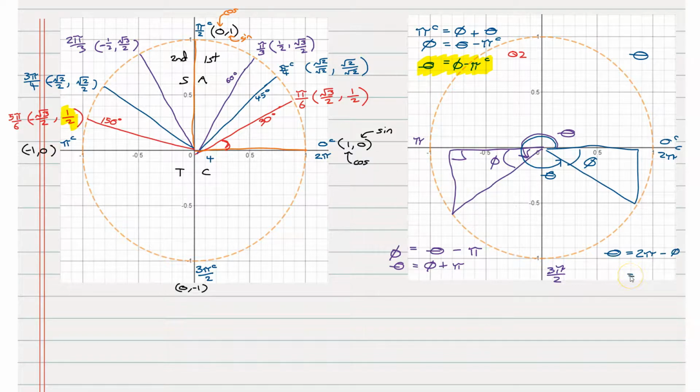And similarly, our interior angle phi can be explained as 2 pi minus theta. So we can interchange between these two forms to work out the interior angle and then work out theta, so we know the relationship between theta and that interior angle. So going back to the unit circle, if we wanted to calculate all of these exact values going down again, it's simply a matter of mirroring.